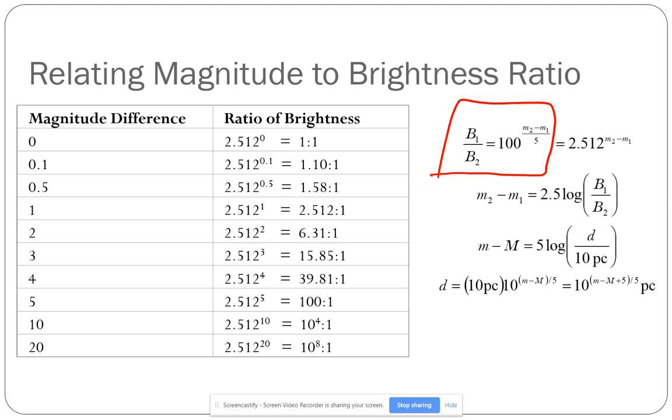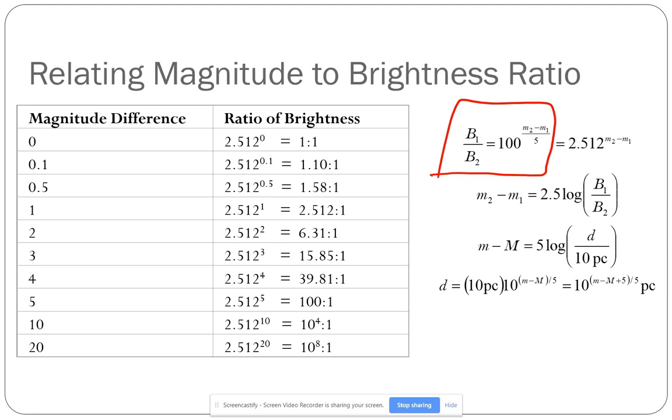And so that equation in the box is a mathematical equation to go with the relationship that we just described. And so we have an equation we can use. Now notice 100 raised to the 1/5 power is 2.512.